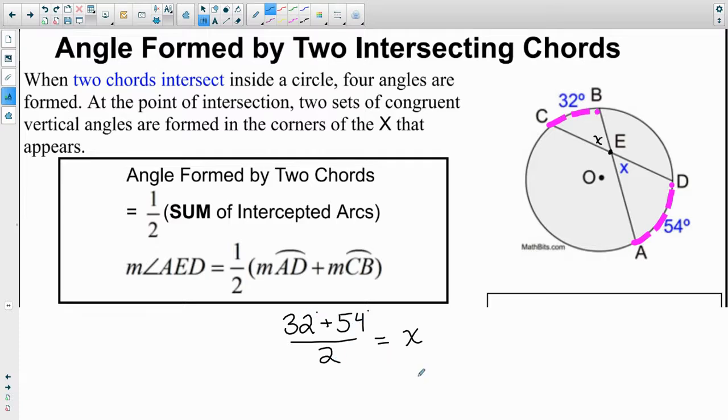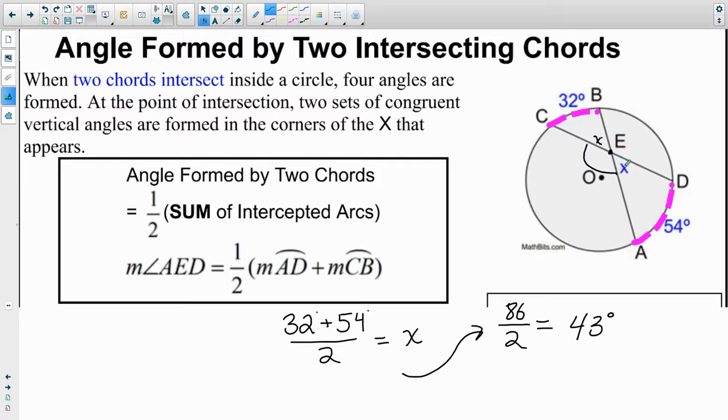I'm going to work over here on the side since I'm running out of room. So 32 plus 54 is 86. And I'm going to divide that by 2. And that should be equal to 43 degrees. So yeah, angle x is equal to 43 degrees.